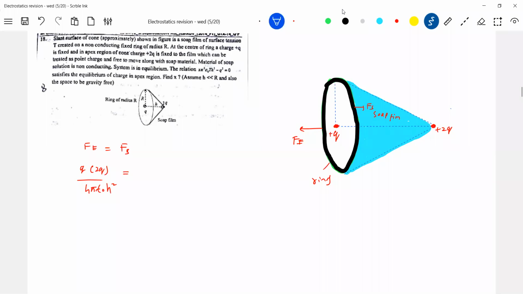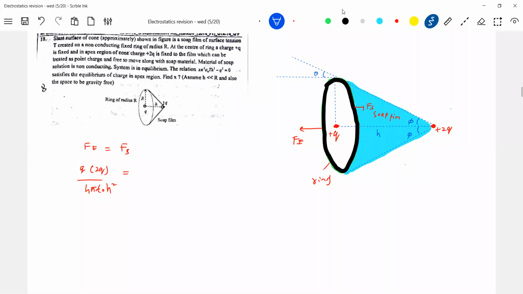So this is the slant angle, theta, let it be. Let this be phi. How should the force due to surface tension act? Tangential to the surface. Everywhere it will act tangential to the surface.